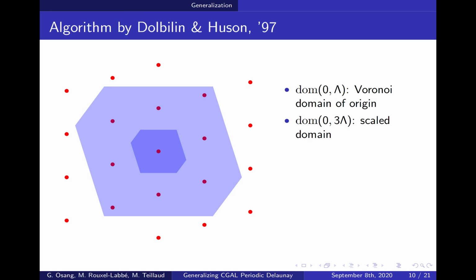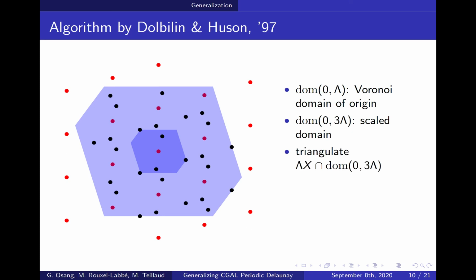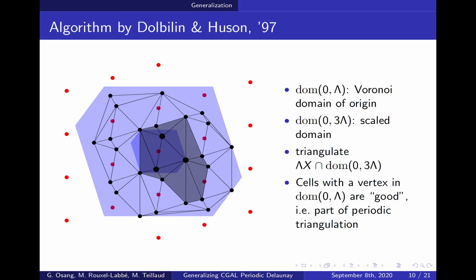Now the main result is that if we take this infinite periodic point set, but restrict it only to those points that are within this scaled domain, and we triangulate that, this is basically sufficient to give us the periodic Delaunay triangulation. Of course, we see some cells on the boundary which don't look very periodic, but the result asserts that all those cells which have at least one vertex in the Voronoi domain of the origin are good cells, in the sense that they are part of the periodic triangulation. So I marked those in black.